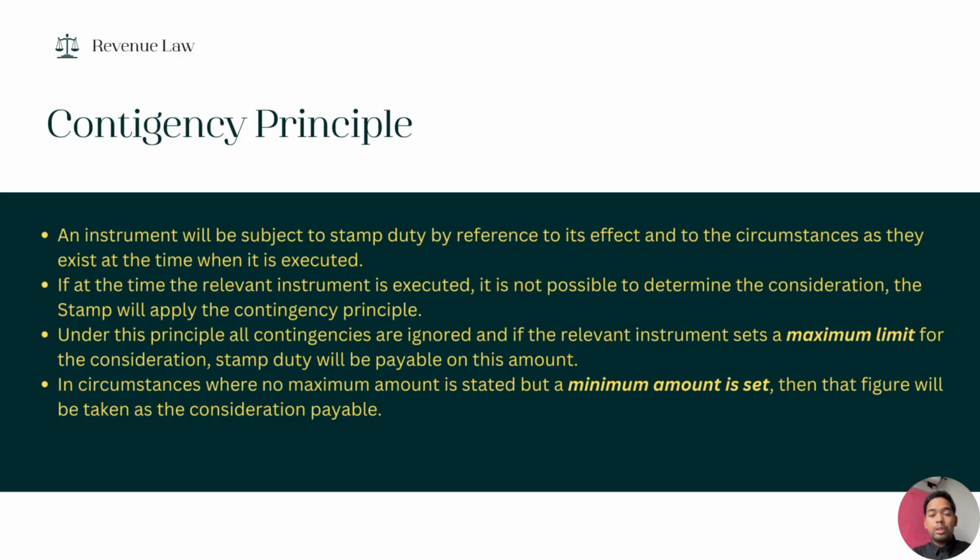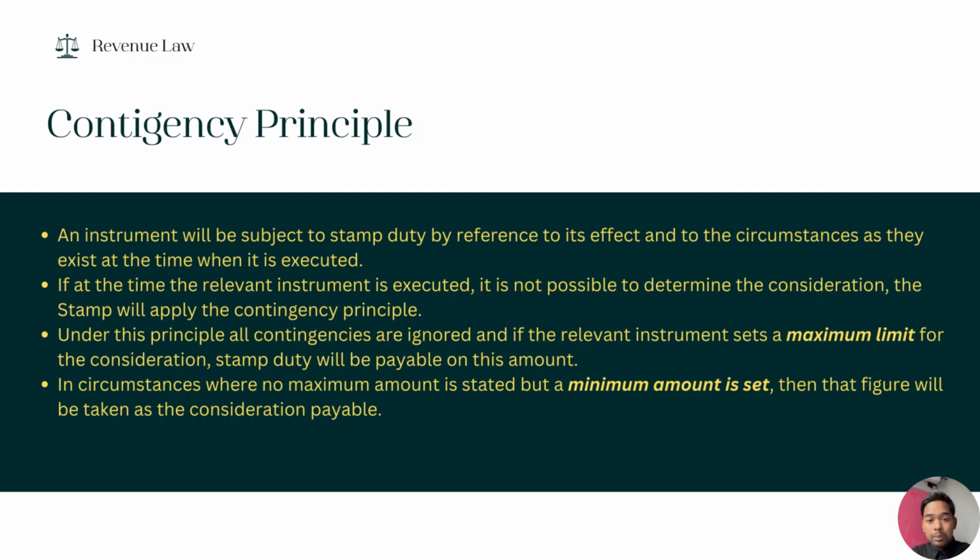So the next one is the contingency principle. An instrument will be subject to stamp duty by referring to its effect and to the circumstances as they exist at the time when it is executed. So this is a normal situation. But if at the time the relevant instrument is executed, it is not possible to determine the consideration, the stamp office will apply the contingency principle.